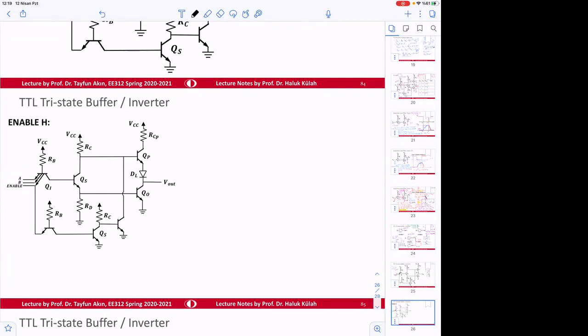So if the enable is high, what happens? Maybe I can draw the state of the transistors.